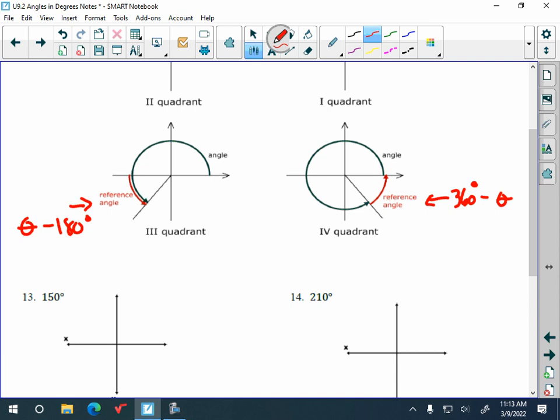So for example, let's say we sketched a 300-degree angle. 300 degrees would be in quadrant 4. This angle right here is our reference angle. So 360 minus 300, you'd be left with 60 degrees, and that would be the reference angle.